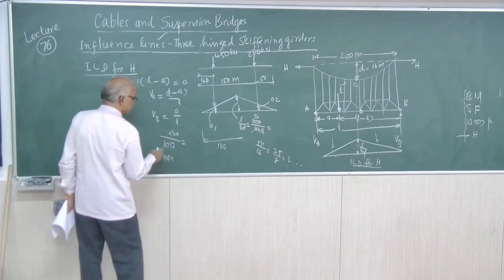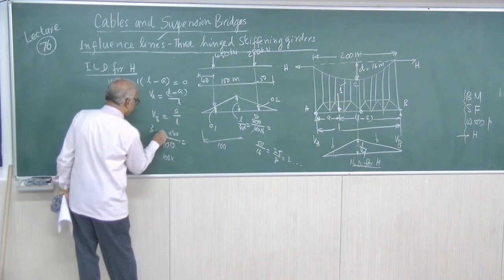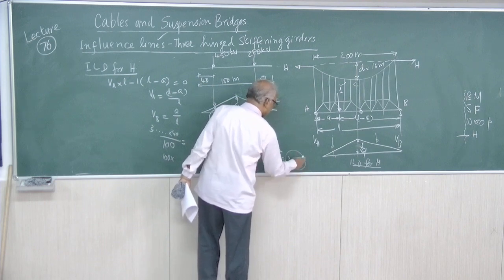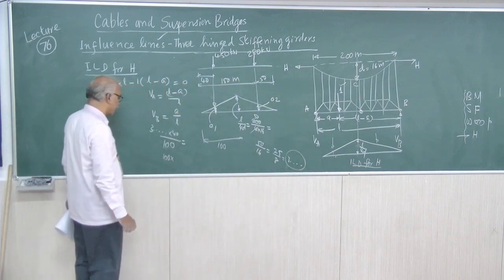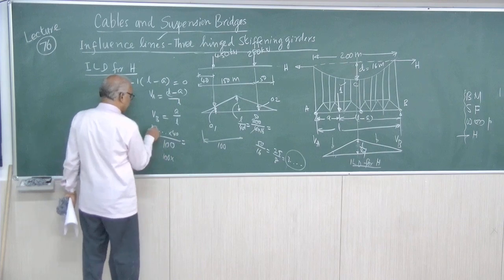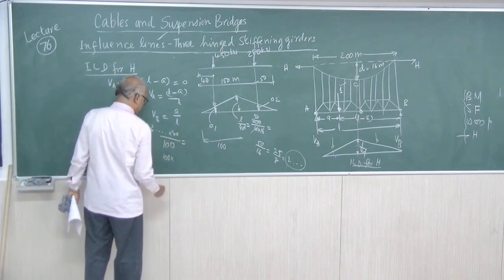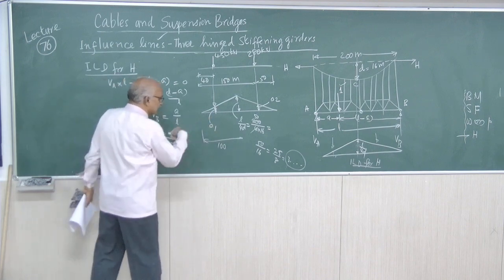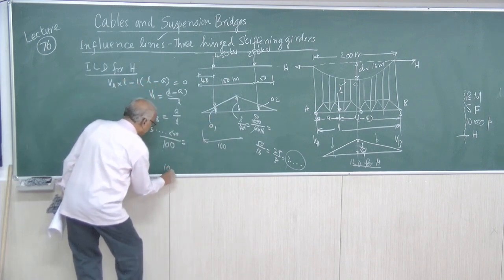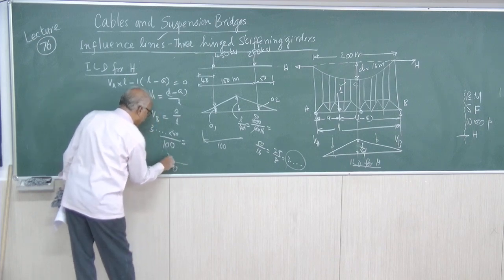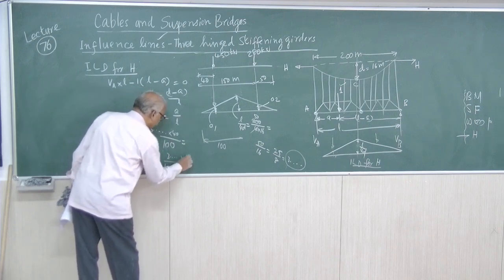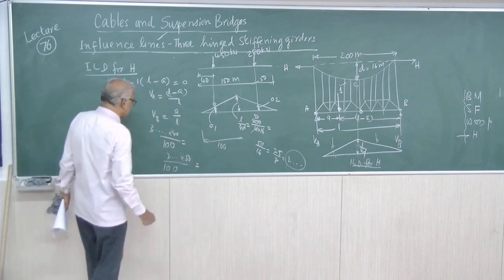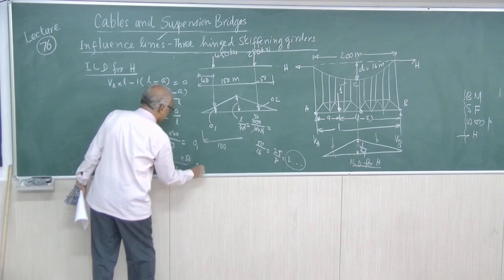This value at the center is 3 point something. So for 100, if it is 3 point something, what is the value for 40? Similarly, from the right hand side, for 100, if it is 3 point something, what is the value for 50? So this value is O1. This value is O2.